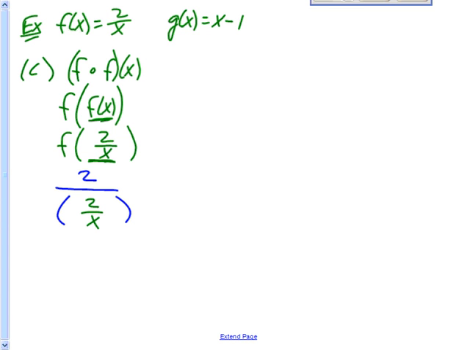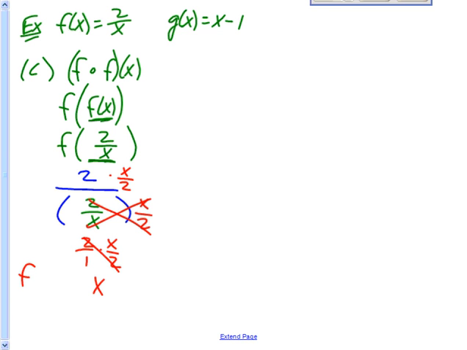Now I got to clean this up a bit. This will simplify, but right here I want to look at the domain as well. Notice that 2 over x, x cannot be 0, so I know right away x cannot be 0 for this thing. And look what happens when I go ahead and simplify this. So I got 2 times x over 2, my numerator up there. See how I got x over 1?